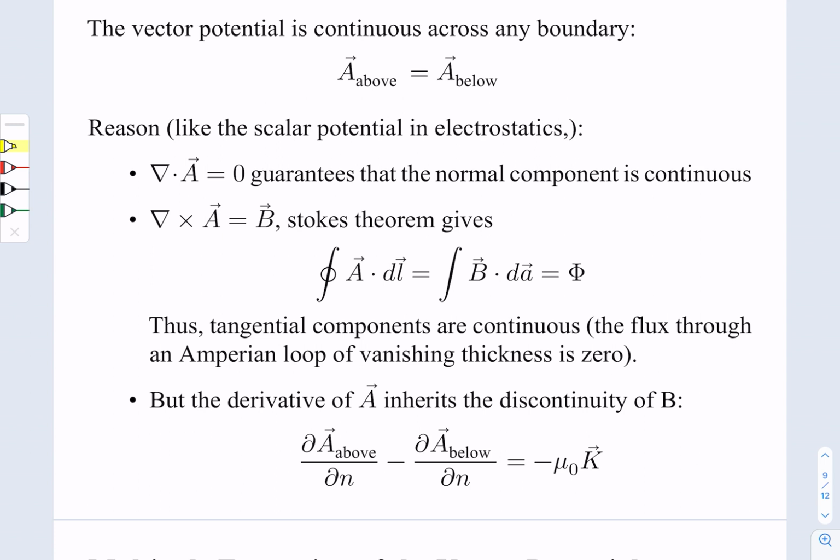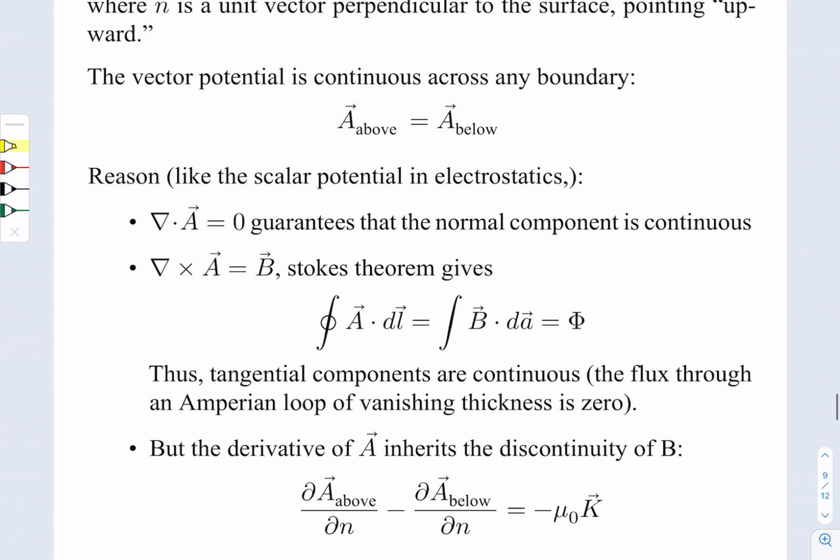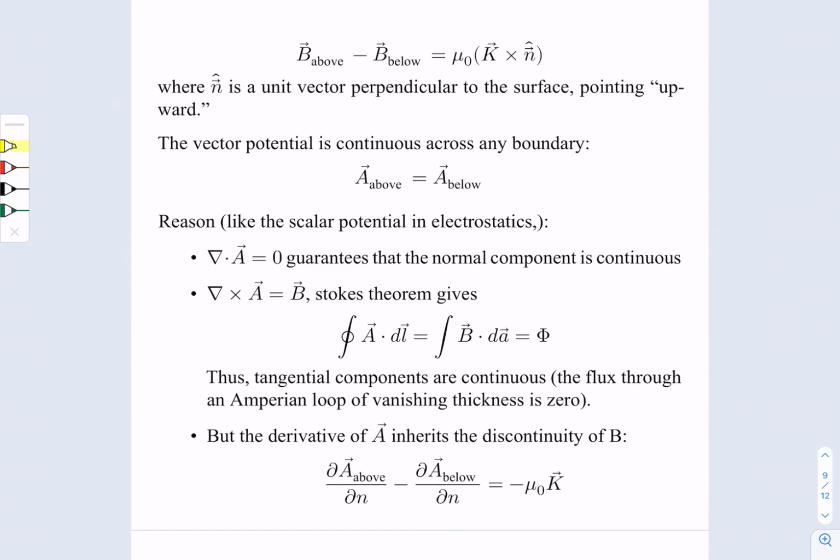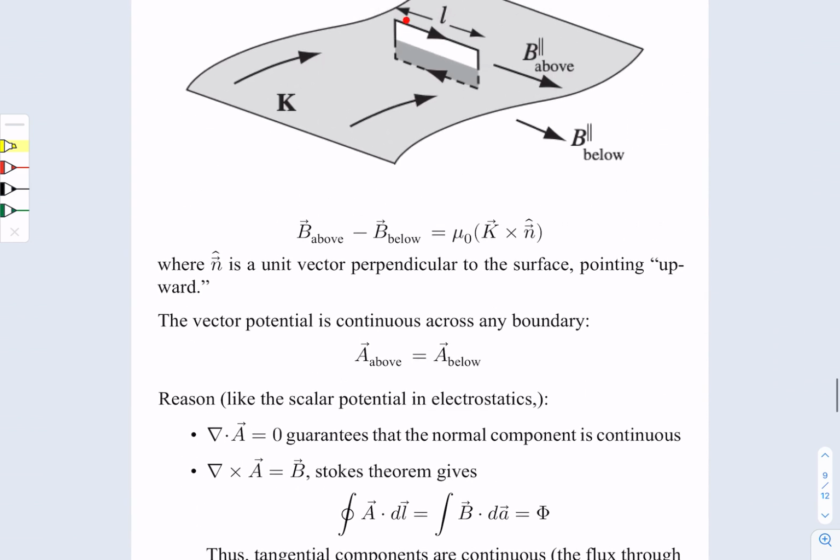For this del cross A term, we have to be careful in the sense that del cross A is not exactly 0, and del cross A actually gives the magnetic field. So if you apply the Stokes theorem, the A field along a loop is actually related to B dot the surface, and that gives the flux.